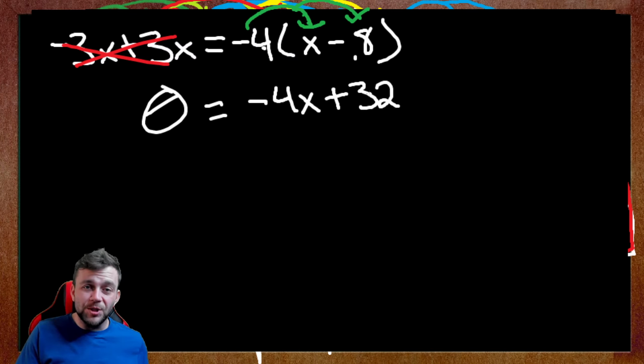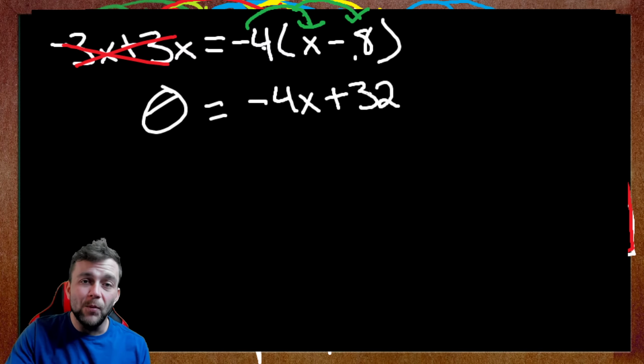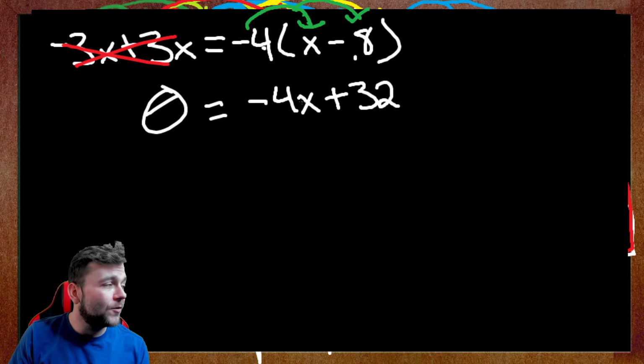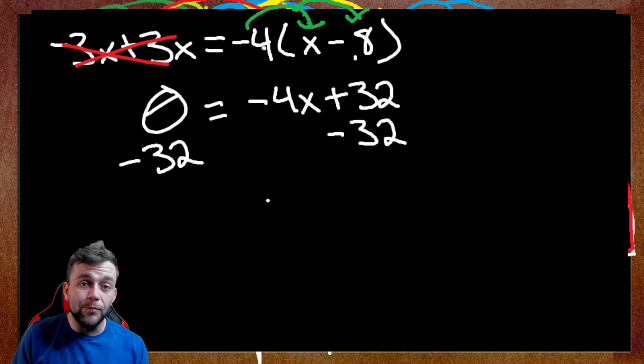How do you get rid of the plus 32? We're working our way from the outer parts of the variable to the inner parts. We want to isolate the variable. We want the variable by itself. So subtract 32 from both sides. That's the opposite of adding. Subtract 32 from both sides.